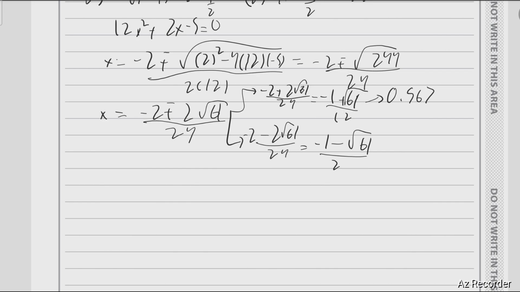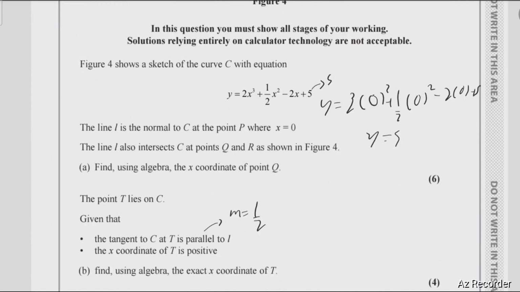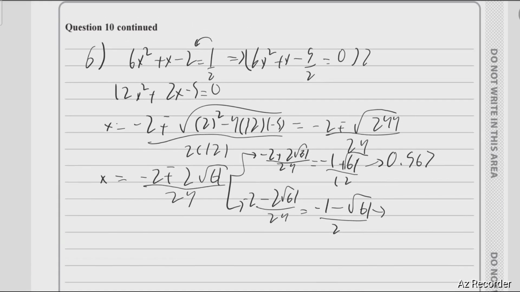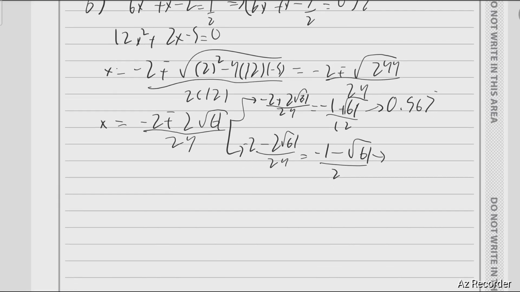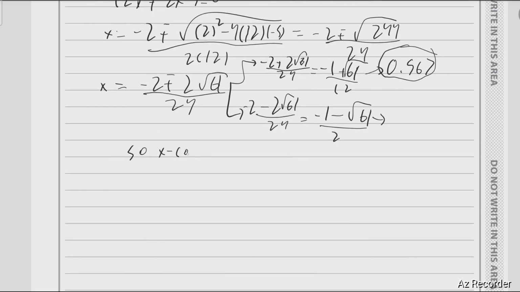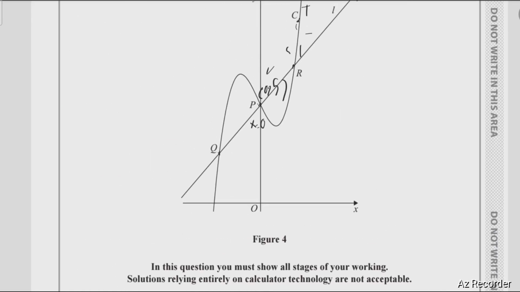The other gives you a negative value for x, but the question said T is positive, so we have only one value for T. So the x coordinate for T is negative 1 plus root 61 over 12. And that's the paper. That's it.